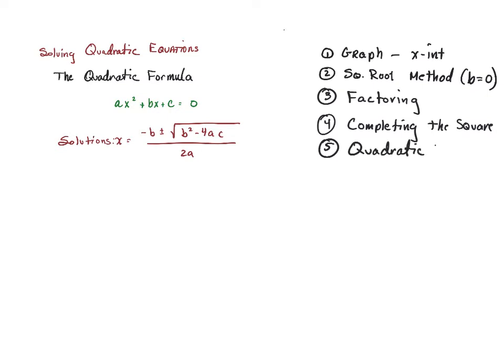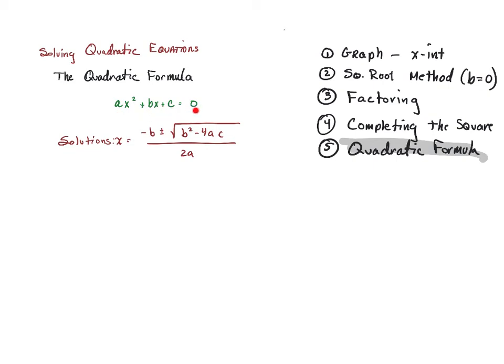The quadratic formula, even though it's taught last, is the best method to solve every single quadratic, because there's actually a formula called the quadratic formula that solves all of them. And I've got it written over here on the left-hand side. So we're looking at solving ax squared plus bx plus c, a quadratic in standard form equal to 0.